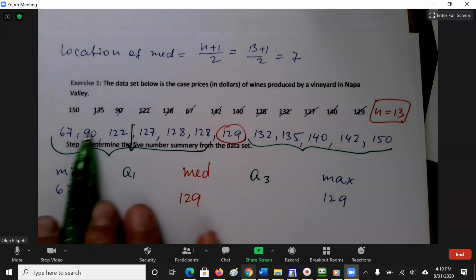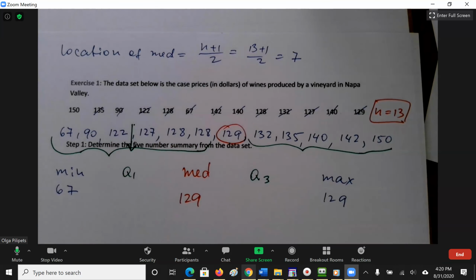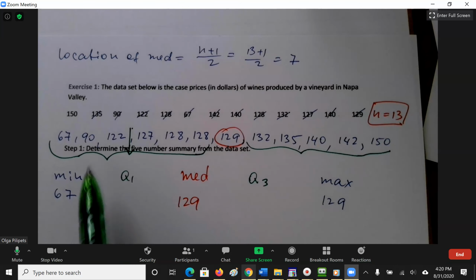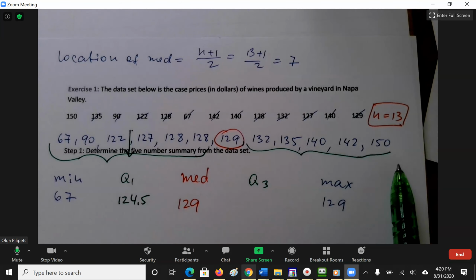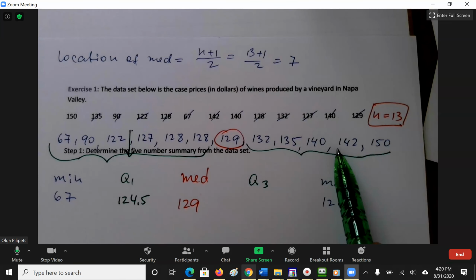Okay, but if you don't know that, then use this formula, do 6 plus 1 divided by 2, and you get 3.5, which is between 3 and 4. Okay, so when you average out 122 and 127, you get 124.5.